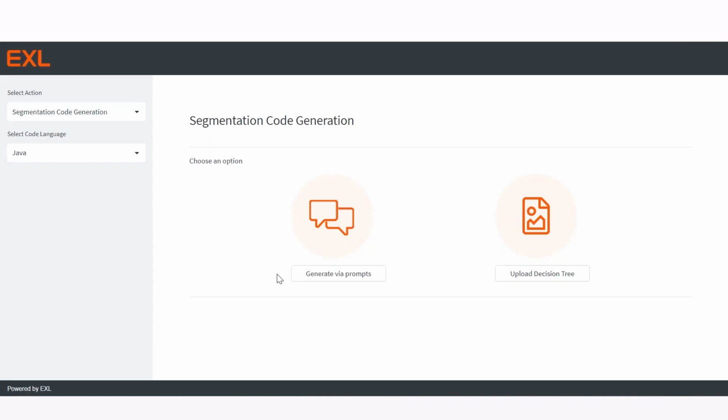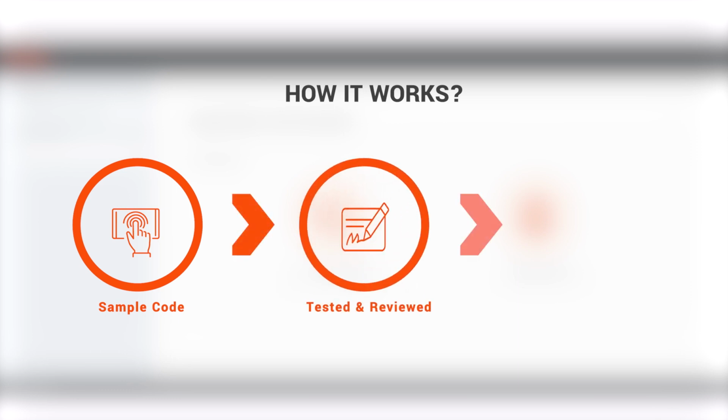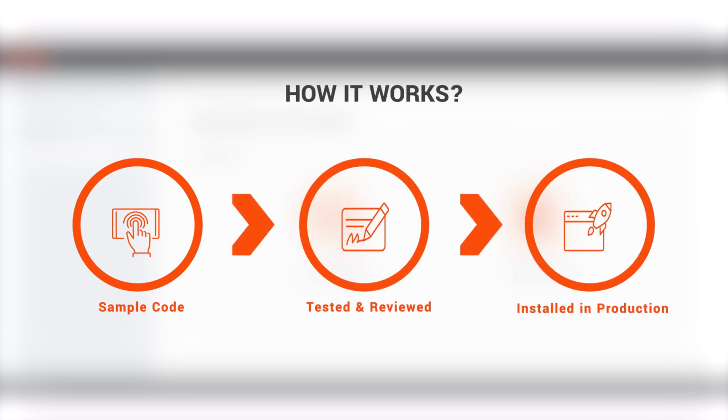This capability can be accessed in EXL's Generative AI platform, where it works as a coding assistance tool. We use the platform to generate sample code, which a coder can review and incorporate into their coding output, and subsequently submit the code through an expert review process that validates its efficiency and efficacy.